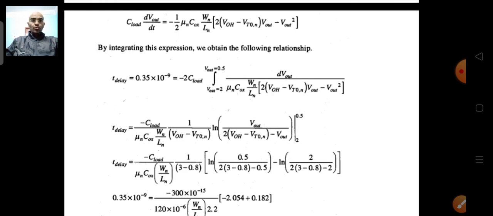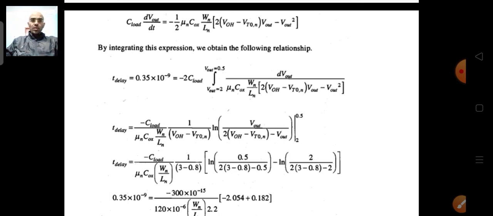The condition given in the problem is that we want the operation from 2 volts to 0.5 volts. As you can see, from 2 volts to 0.5 volt, the device is operating in the linear region. That's why we have used the linear region equation here at the top.